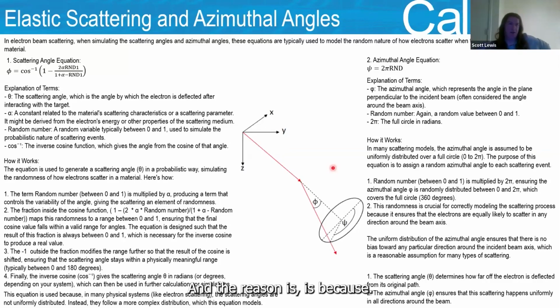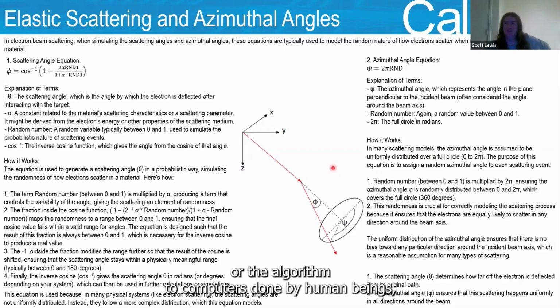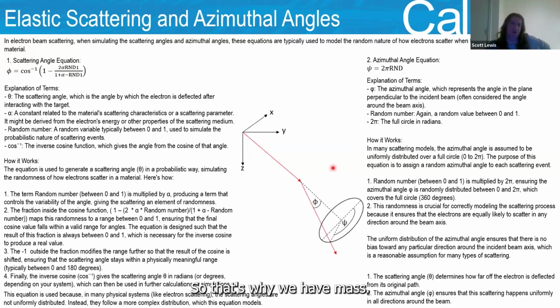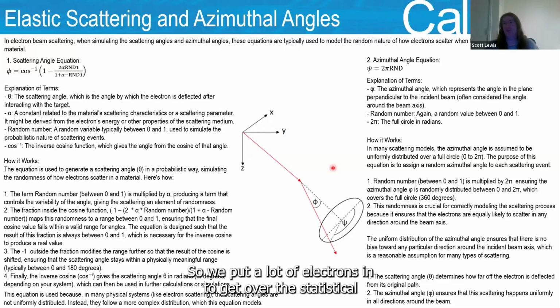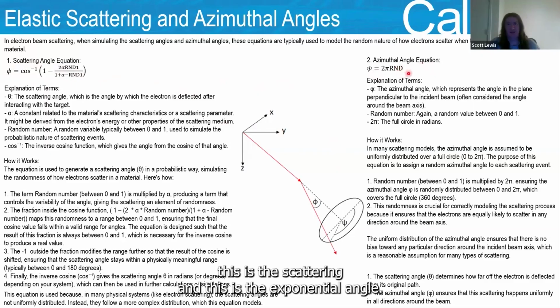And the reason is because a random number, if you're computing a random number, well, the algorithm to compute it is done by human beings, meaning that, okay, so if we're doing it, how random is a random number? So that's why we put a lot of electrons in to get over the statistical repeat of the model.